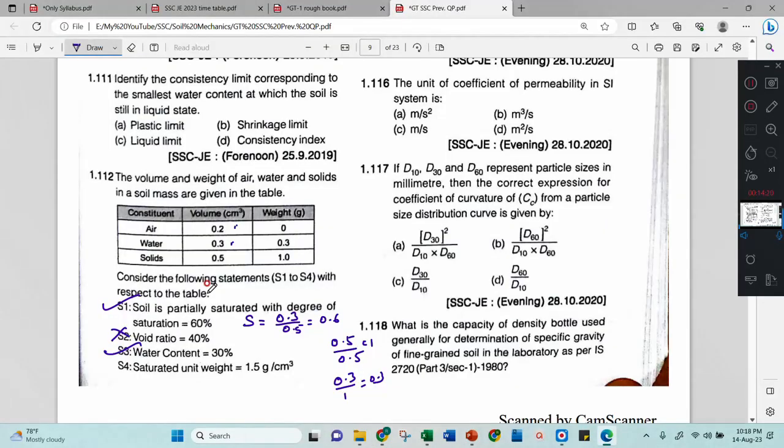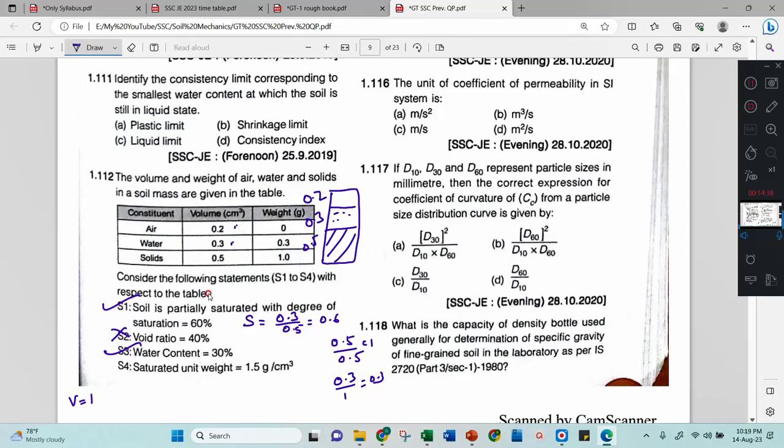Why? Because look at here. This is your three-phase diagram. This is given, water volume is 0.3. Air volume is 0.2. This is 0.5. Total volume is 1. Correct?